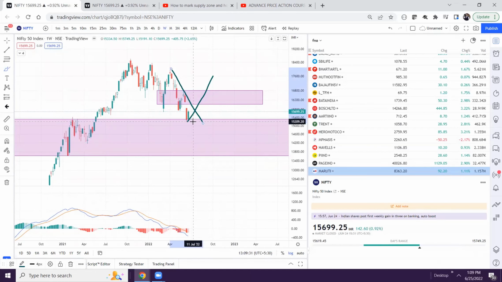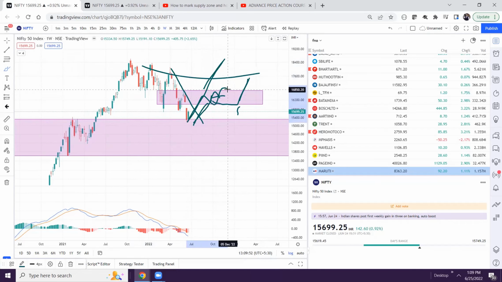Now, a corrective structure also has impulsive moves. In ABC, you can see A, a correction, and this. In a correction, these are also impulsive moves. So you can expect an up move, but whether that will be an impulsive move to start the next wave or a corrective move, only time will tell.